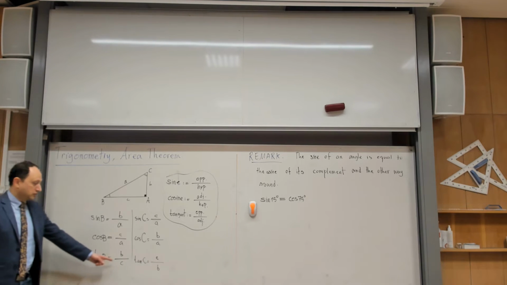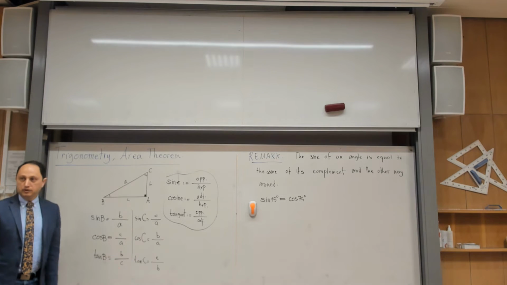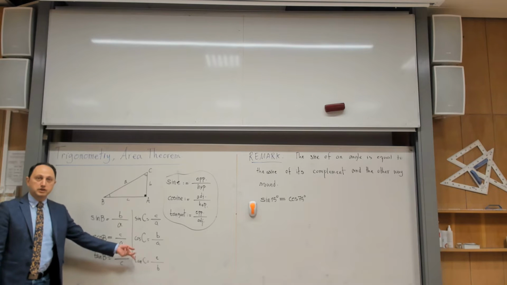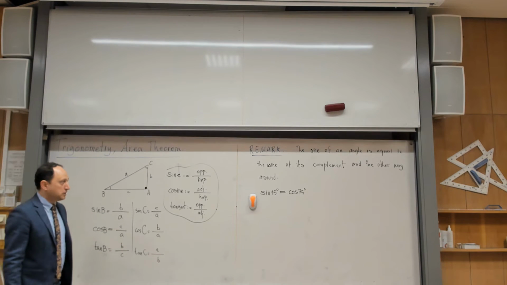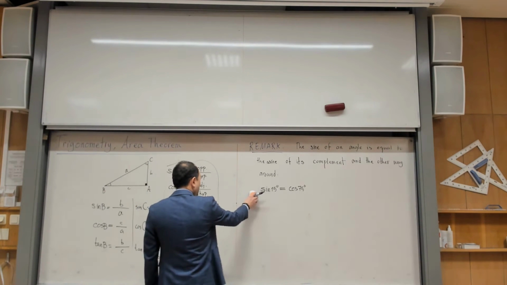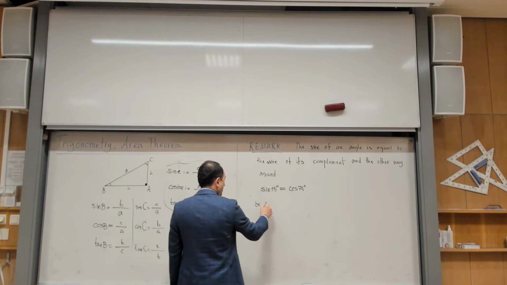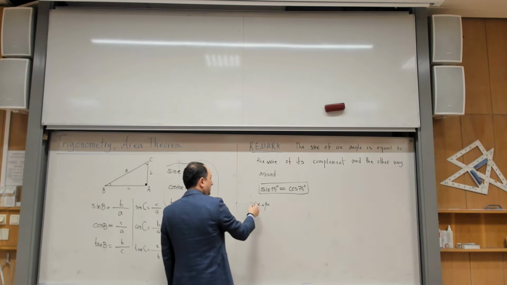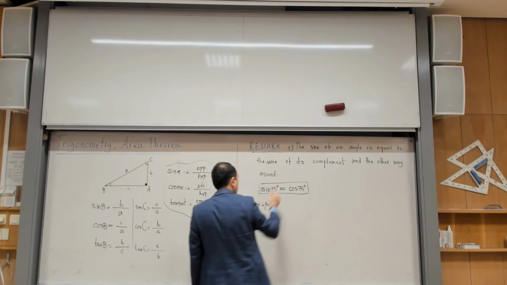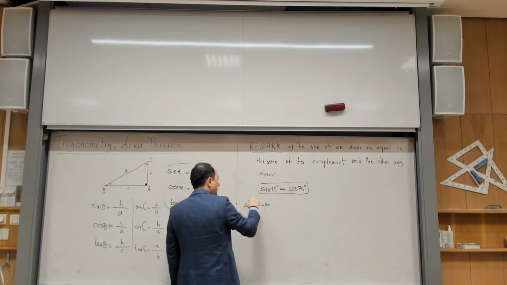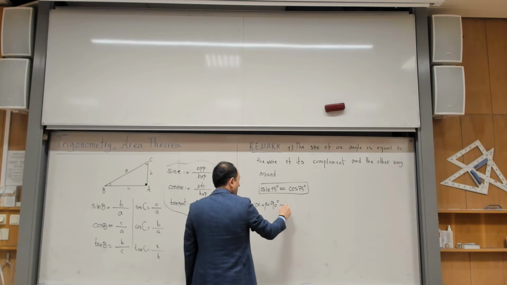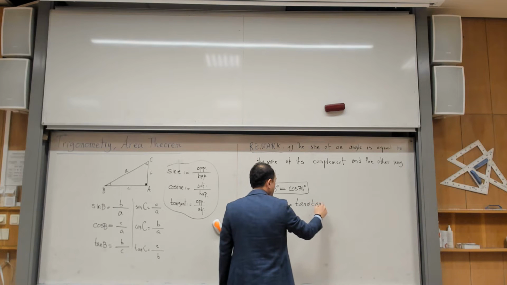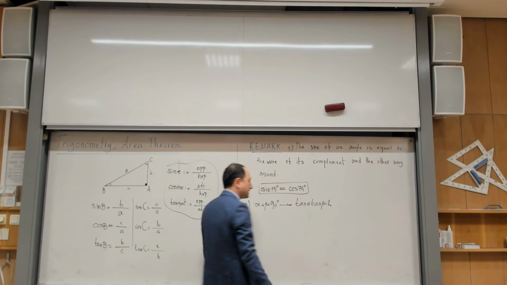What about tangents? Tangents are reciprocal. Why? Because tangent of B is B over C, tangent of C is C over B. So this means that if two angles are complements, alpha plus beta is 90, then if I multiply these two tangents, the answer becomes exactly 1.